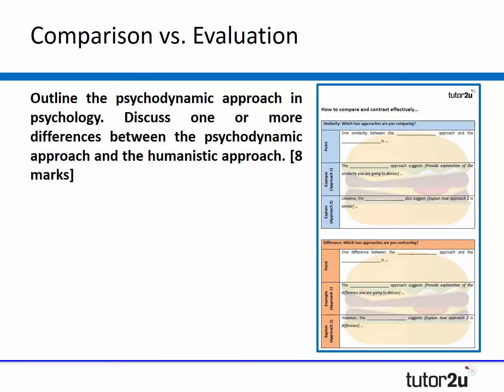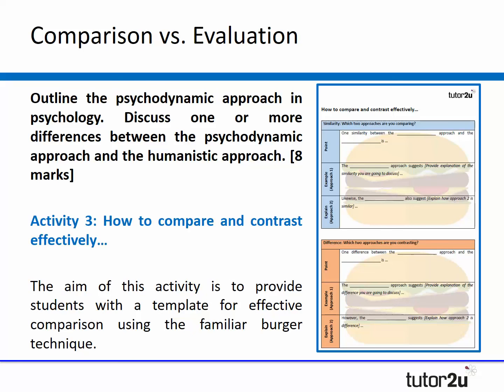And therefore this next activity, which is called how to compare and contrast effectively, is aimed to give your students a framework or a template that they're familiar with that will enable them to go on and produce effective comparisons or effective contrasts. Really it's using a familiar technique, the Berger technique, but this time turning one of them into a comparison, which I've put in blue on the screen here, and then turning one of them into a contrasting paragraph, which I put in, I'm not sure what colour that is, orange or red, it was meant to be.